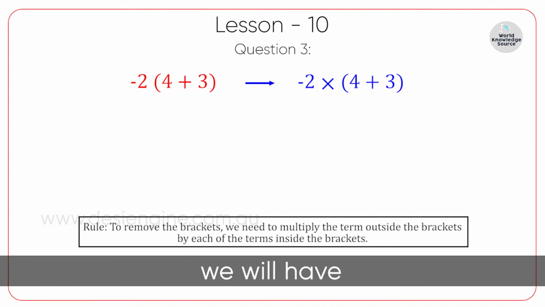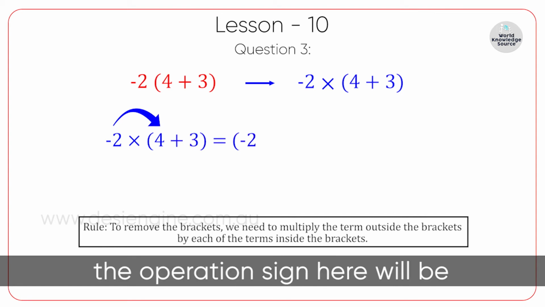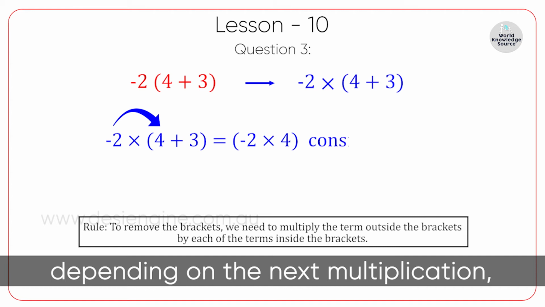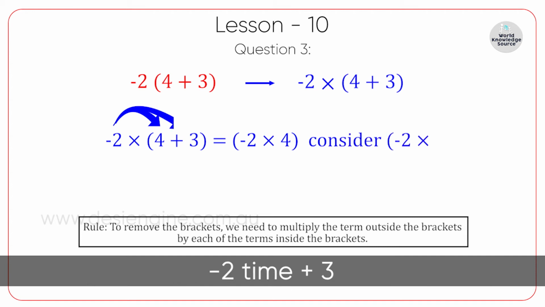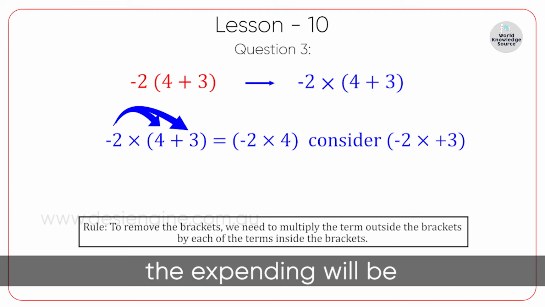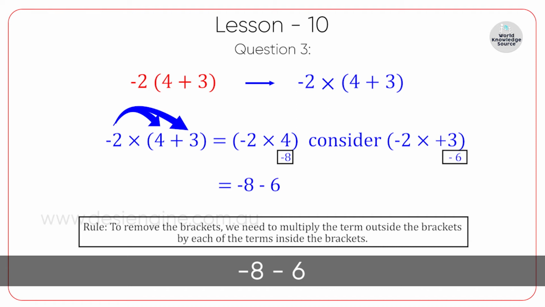Apply the rule. We will have negative 2 times 4. The operation sign here depends on the next multiplication. Negative 2 times positive 3 is negative 6. Therefore, the expansion will be negative 8 minus 6, which equals negative 14.